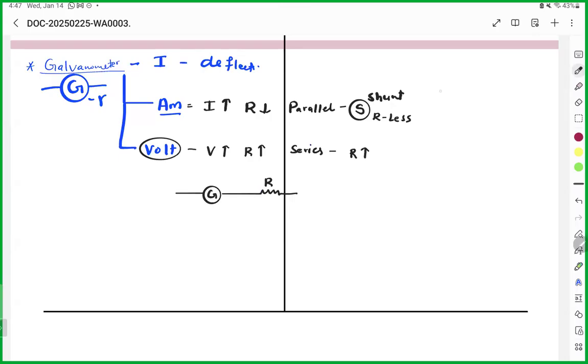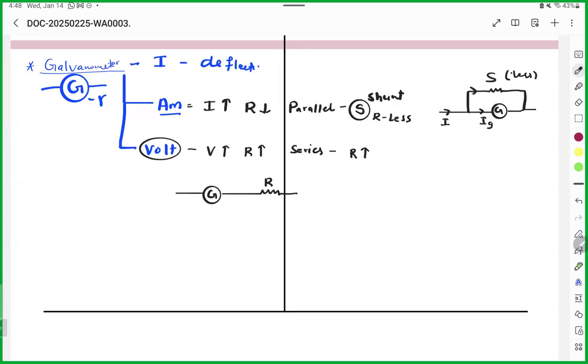If you are using it for the ammeter, you have this galvanometer G, and then this shunt in parallel, and the resistance value here will be less. Any doubt, Sarah? No, sir. In this case, let's take the total current as I and the current going to the galvanometer as Ig.